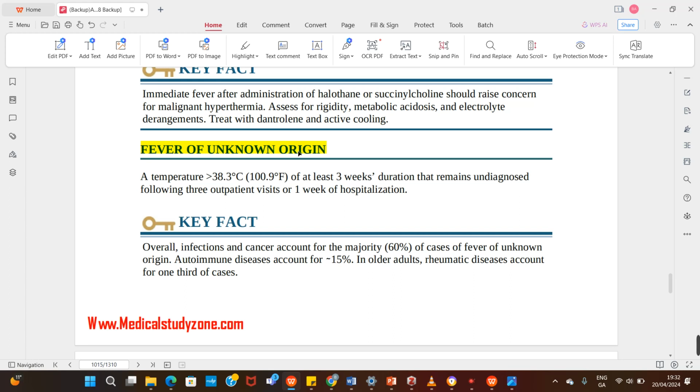How can somebody have fever of more than 38.3 for 3 weeks consecutively after 3 outpatient visits or 1 week of hospitalization, and I don't know the definitive cause? That is fever of unknown origin.